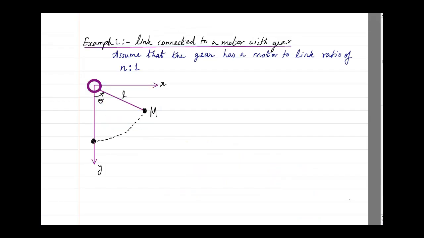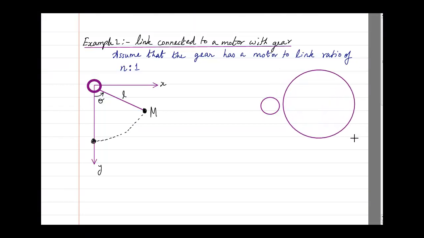In the second example, we are having the link connected to a motor with a gear. It's simply like a revolute joint. The only thing is that here the motor is with a gear. And we all know what a gear system is. Just to show you a simple example, suppose there is a smaller gear, and there is another one which is bigger than that.